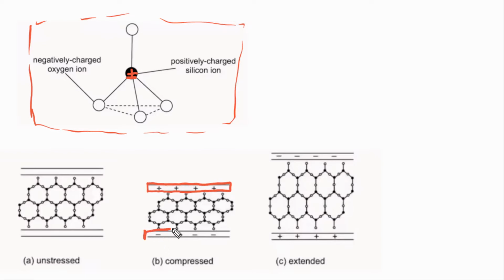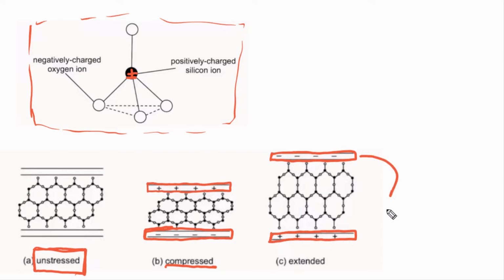So by compressing, we can induce voltage across this crystal. Here it is unstressed, meaning no compression, no extension. But if we extend, vice versa is also true. This side becomes more negative and this side becomes more positive. So if we place a voltmeter here, this voltmeter will give us the value of induced voltage across the crystal. So this is how we can produce ultrasound waves, and this is also how we can detect ultrasound waves.